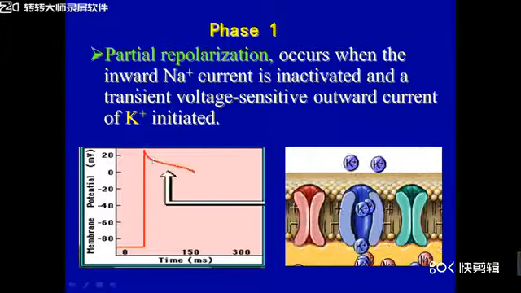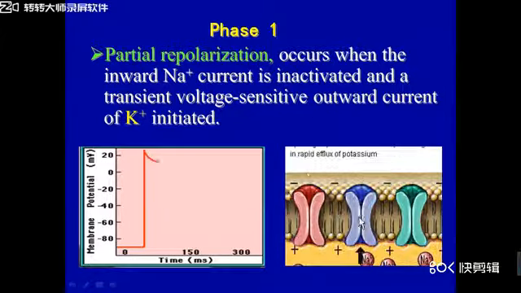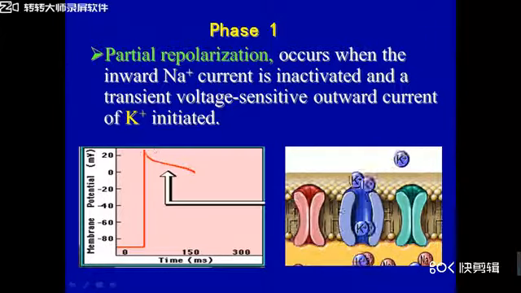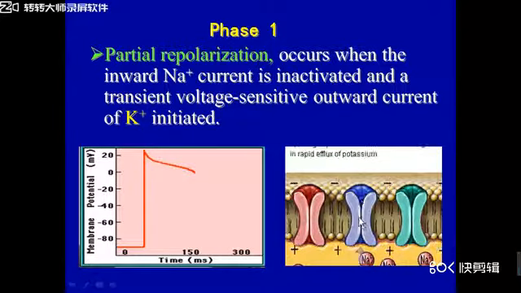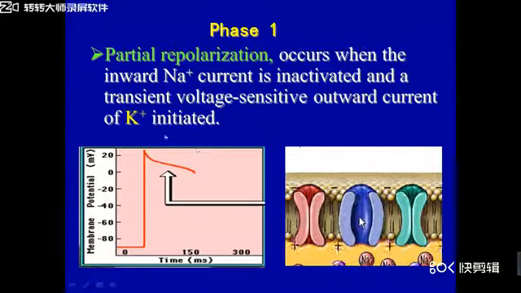From the definition, we know that except for the sodium channel, another major channel in this phase is the potassium channel. Potassium flows out. It is the major channel in phase 1.